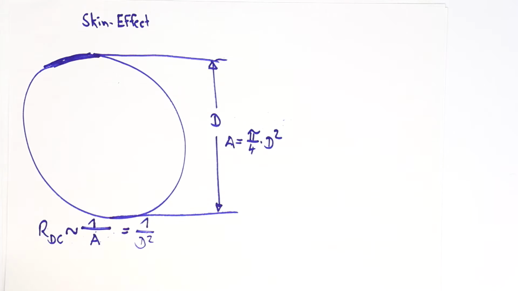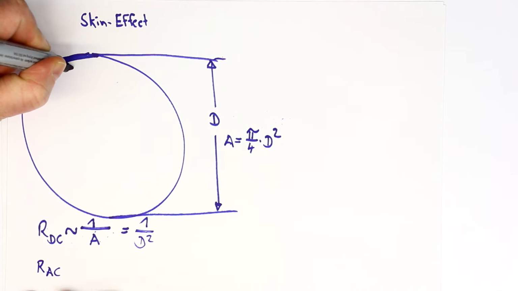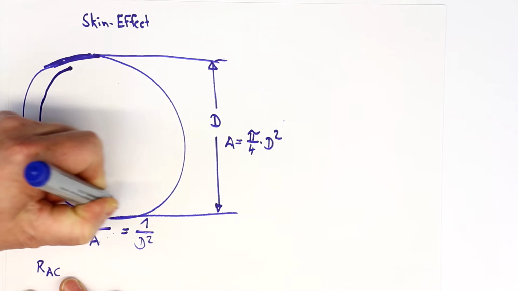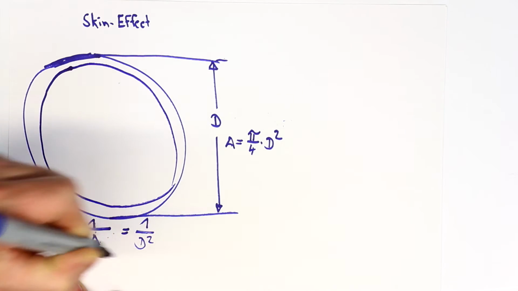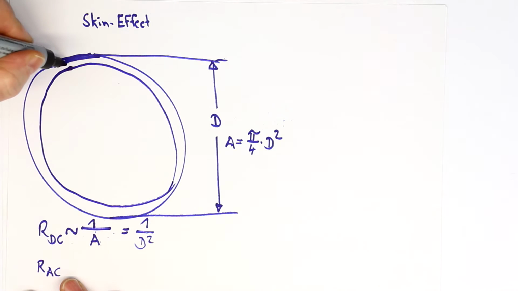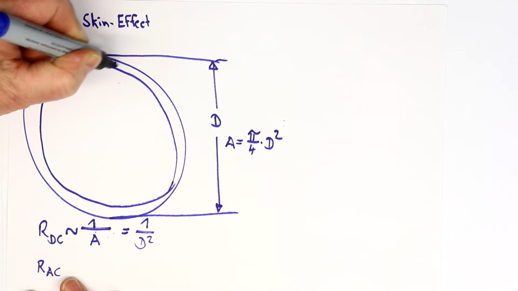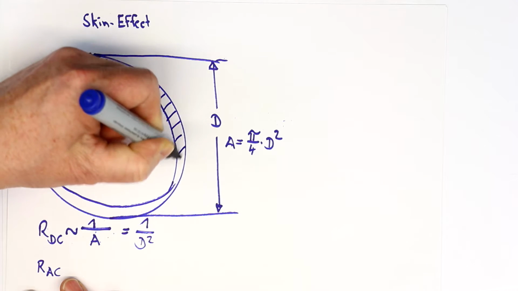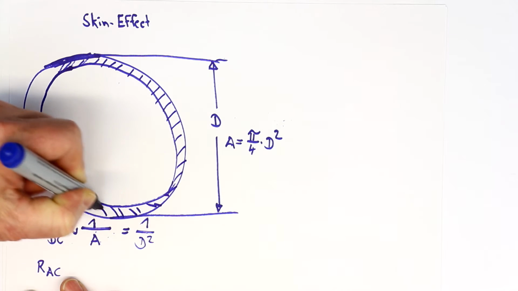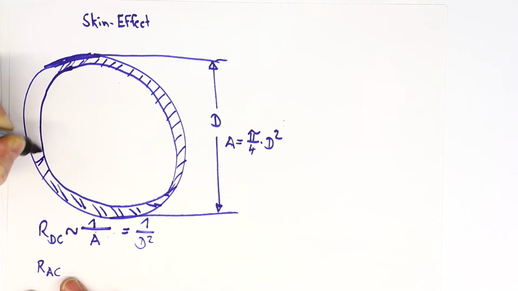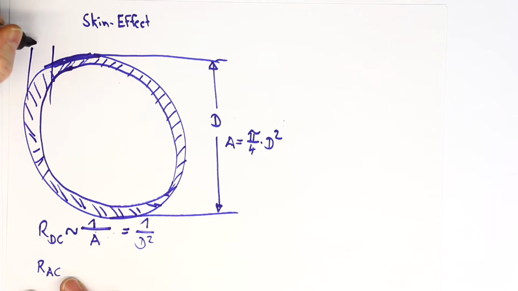But what about the skin effect for AC currents? Now, we've just seen from Wikipedia that when the skin effect comes into play, sorry for my bad drawing skills, the current only flows in a kind of ring, outer ring or outer layer of our conductor, and the thickness of this layer or of this ring is called delta, the skin depth, and that is only frequency dependent.